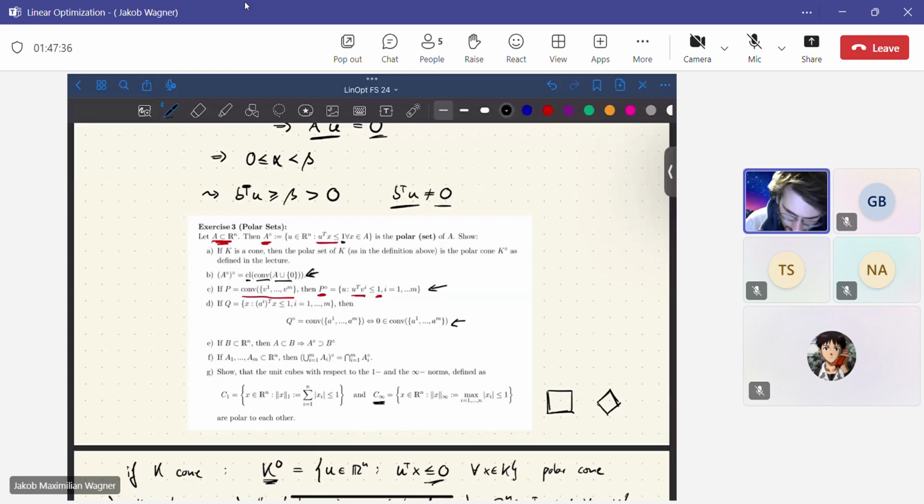So part C says that if we have one convex set that's given as a convex combination of some points, then we get the polar as all points U that satisfy constraints U transpose V less or equal 1 for all the points that we originally had as a description of this convex hull.